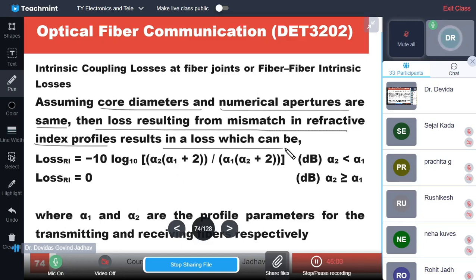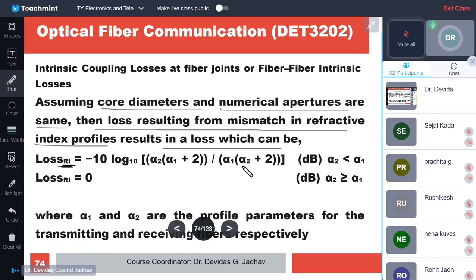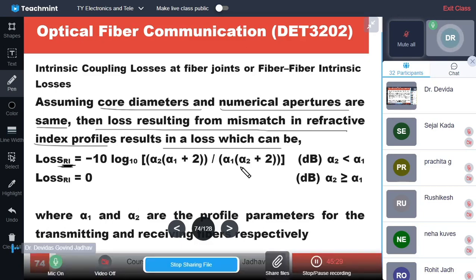In that case the loss is given as loss RI, refractive index loss: loss RI = -10 log to the base 10 of [alpha 2 into (alpha 1 plus 2)] divided by [alpha 1 into (alpha 2 plus 2)]. So this is the formula.